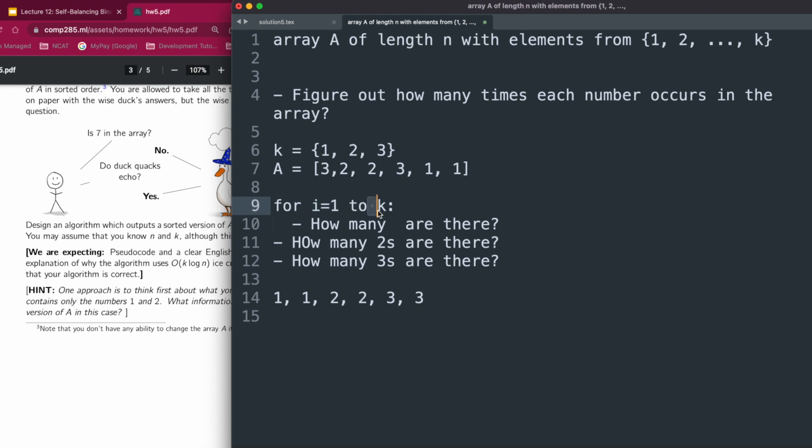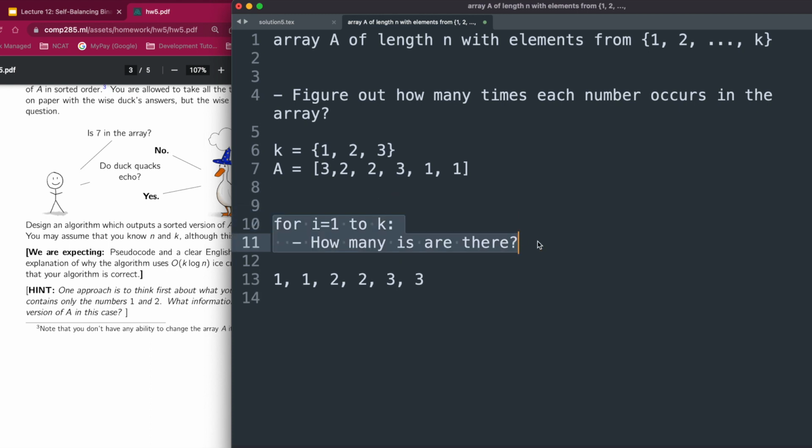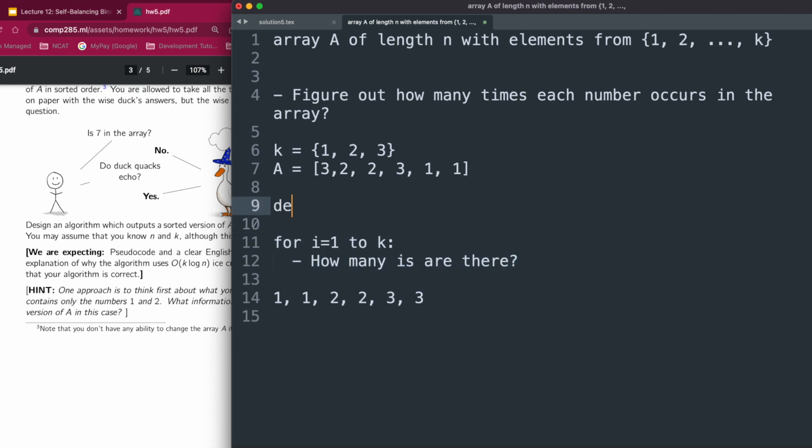we start at 1, we go up to k. How many i's are there? So already, this is kind of what we're trying to figure out. You can imagine writing an algorithm, something like sorted A, which takes as input A, takes as input N, so you actually know the size of A ahead of time.